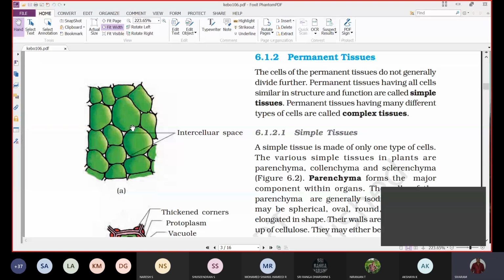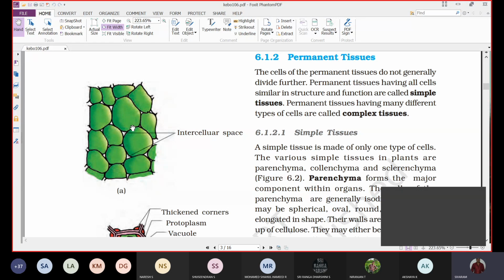And next, generally they possess no intercellular spaces, that means we don't find gaps between the cells.